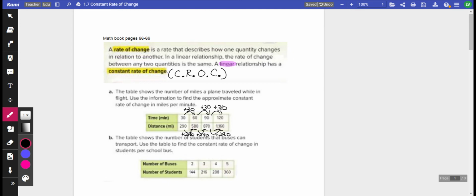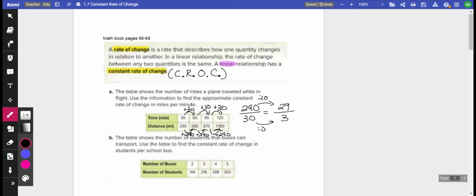To find the constant rate of change, we're going to take 290 and divide that by 30. 290 and 30, both of them you can take out a 10. 29 divided by 3.